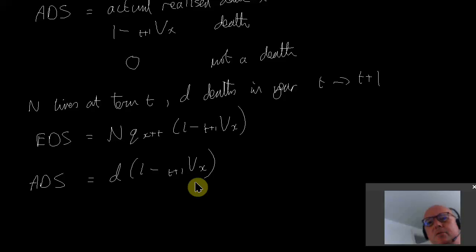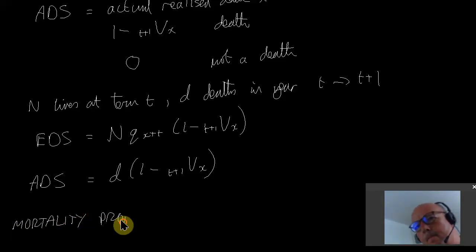And if the actual death strain is less than the expected death strain, then we make a profit. So the mortality profit is equal to, we'll make a profit if the expected death strain is greater than the actual death strain.